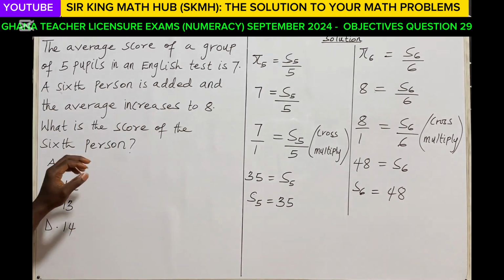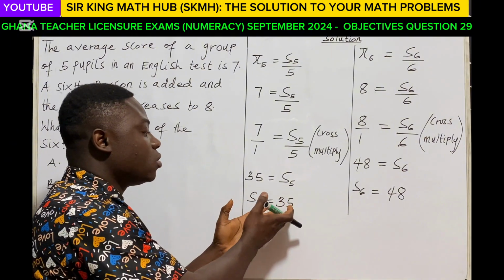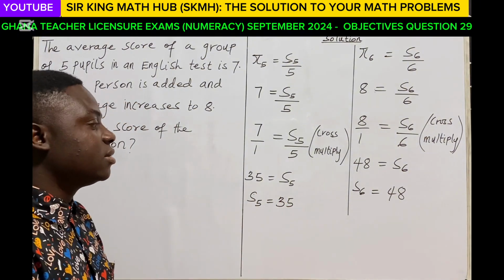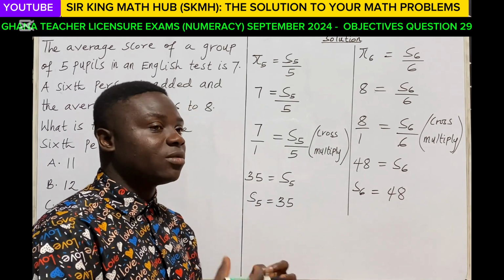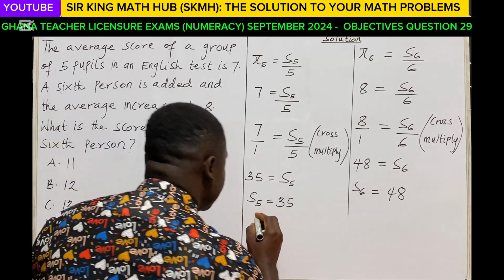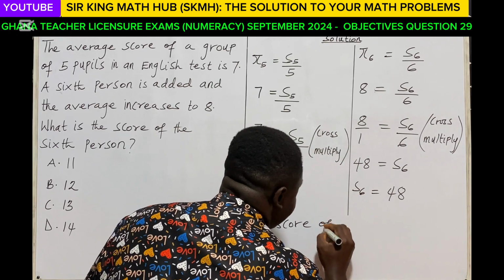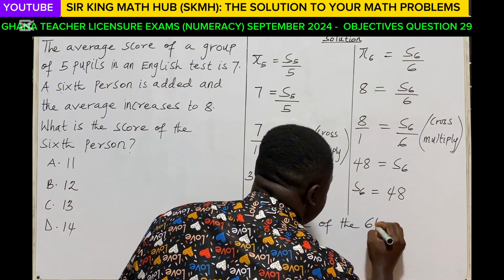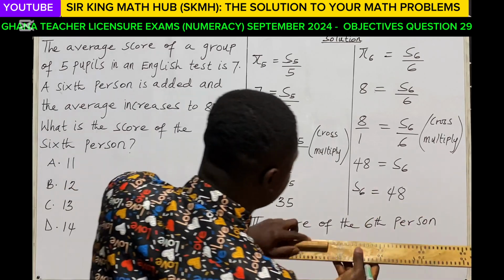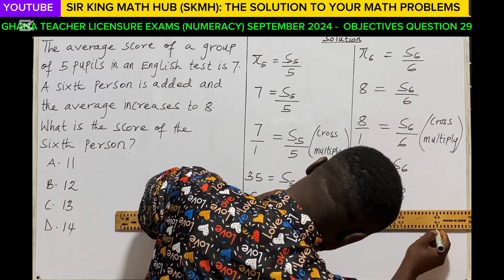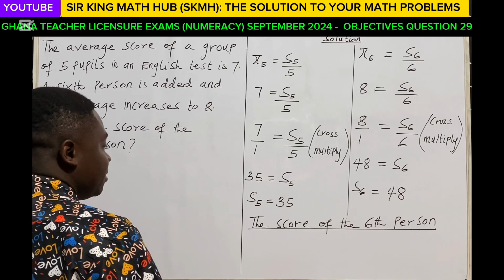But remember, we are looking for the score of the 6th person. So when there were 5 pupils, their total score was 35. When they added another person, their total score is now 48. So can we calculate the score of the 6th person? Yes, we should be able to calculate the score of the 6th person. So how then do we calculate the score of the 6th person? So we need to find the difference.